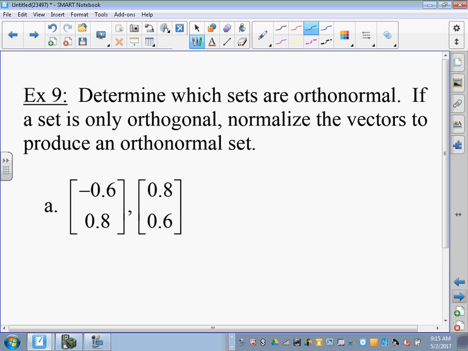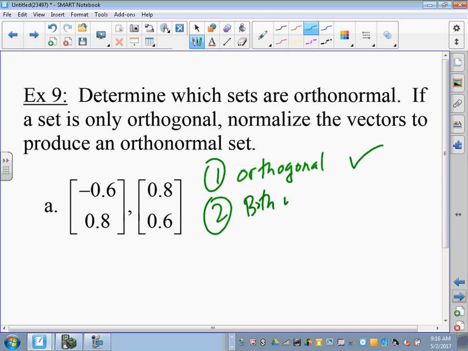So the first thing that must be true is they must be orthogonal. And so kind of obviously, are these orthogonal? Yes. So it has to be yes. So are they both unit vectors? Yes, they are.